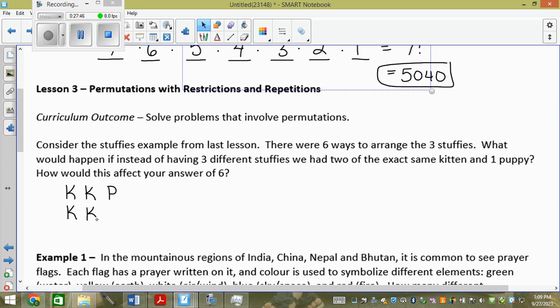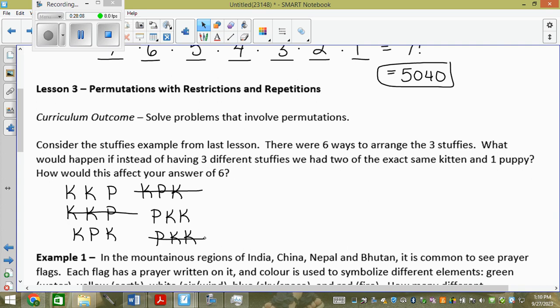Kitten, kitten, puppy. Does it look any different? No, so that case is out. Okay, what about kitten, puppy, kitten? Now I'm going to swap the kittens. Does that look any different? No, it kicks that one out. And then puppy, kitten, kitten. That looks different. Now I'm going to swap the kittens. Does that look different? No, so instead of 6, there's actually 3.